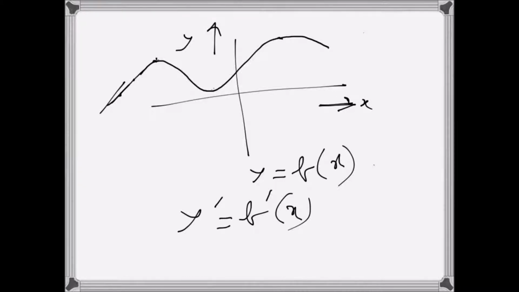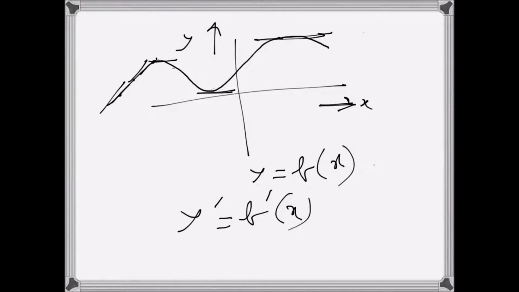At a maxima or minima the gradient becomes 0.